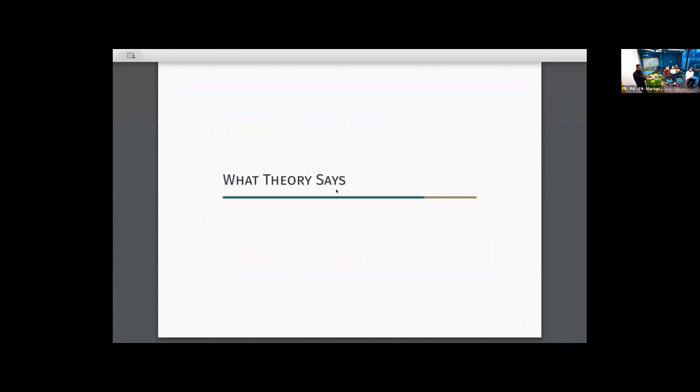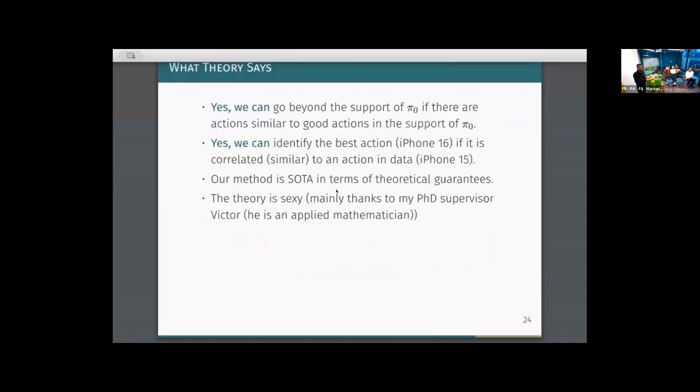So now I'm just going to say in words, not in equations, what the theory says. The theory says that yes, we can go beyond the support of Pi0. So we can go beyond the actions that we have in the data set if there are some similar actions, some actions that are similar to the ones we already have in the data.